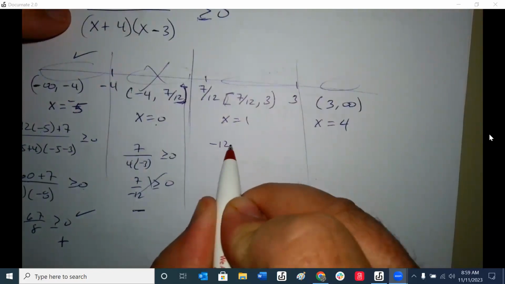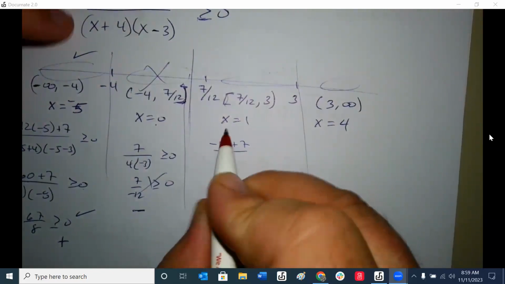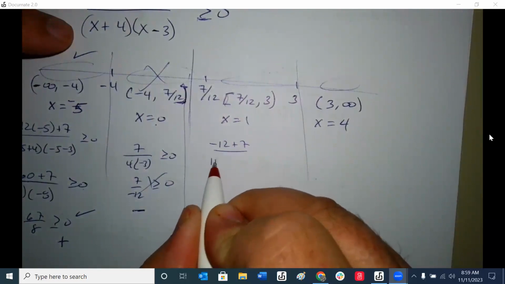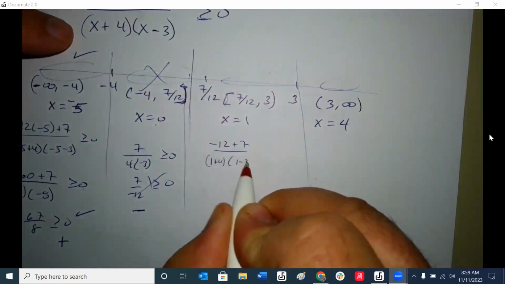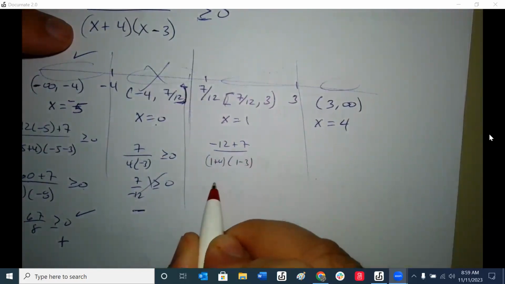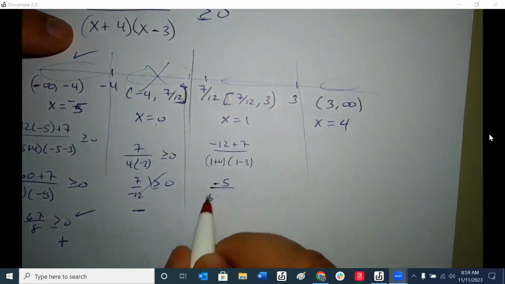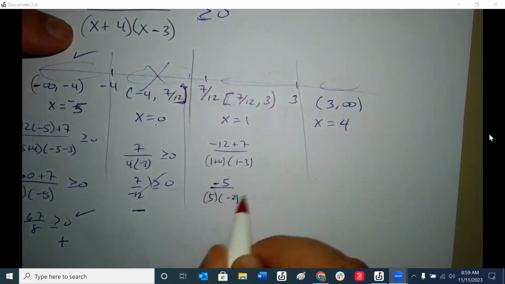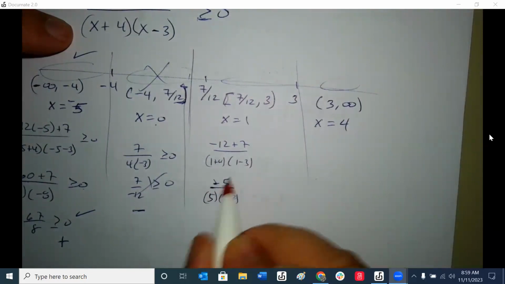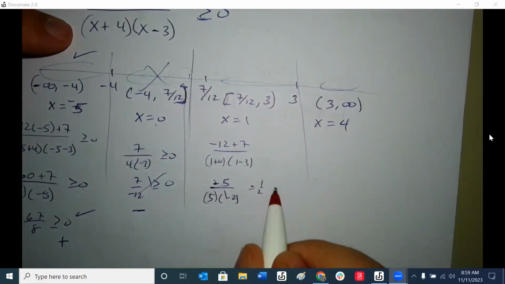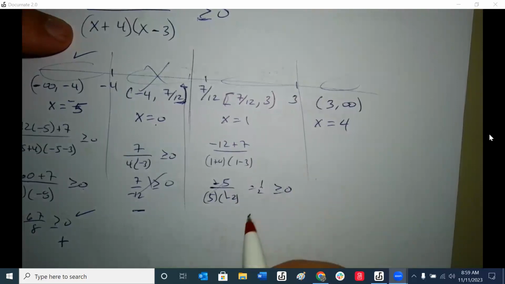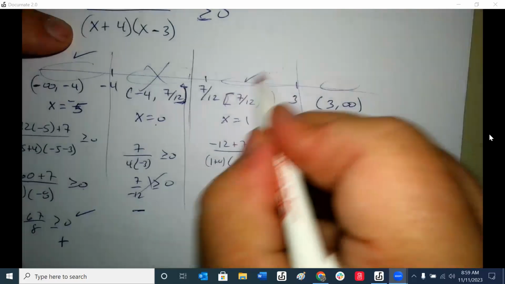Then we have -12 plus 7, over 1 plus 4, 1 minus 3. So it's -5 over 5 times -2, which equals 1/2, and that's greater than 0. So I can use this.